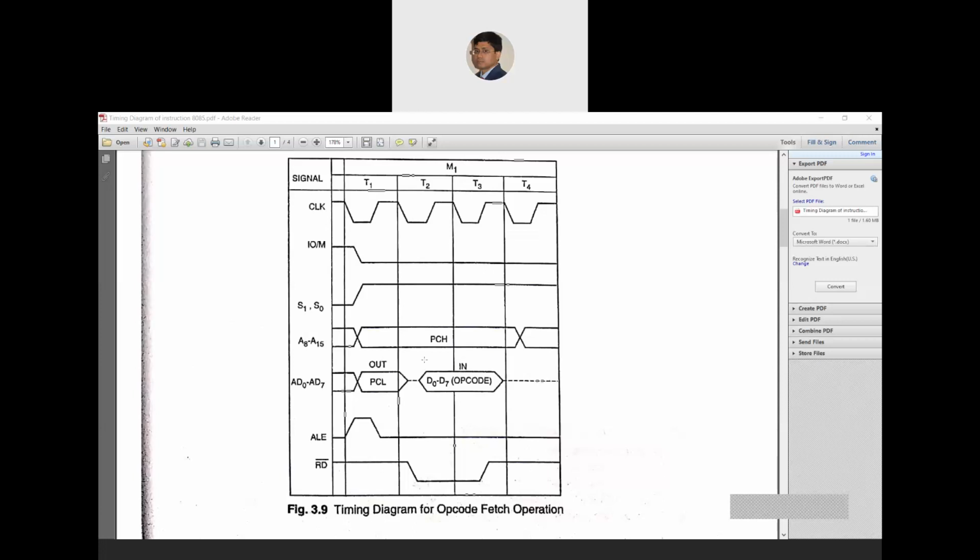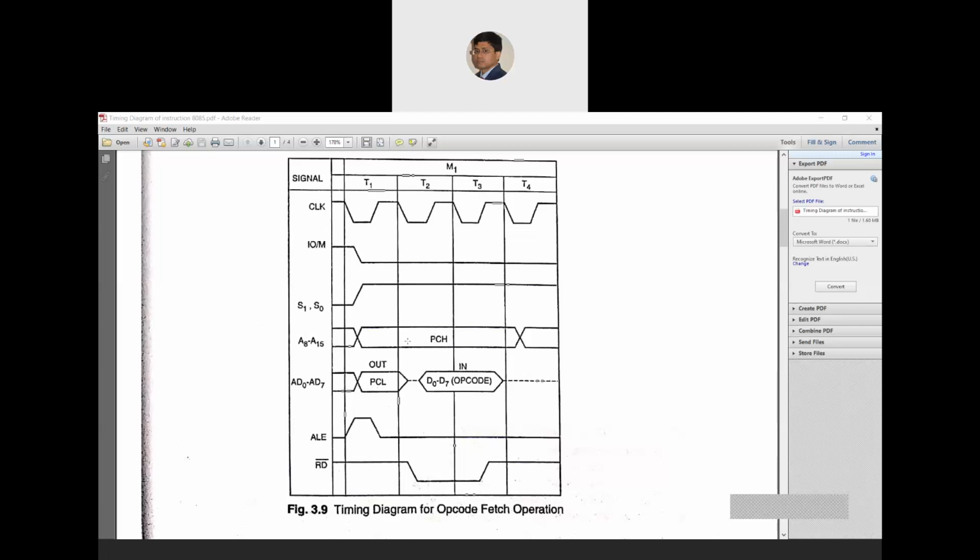When you execute your program, the program counter will locate that starting address. So program counter high means it will locate that 20 position, and program counter low means it will locate that 00 value.